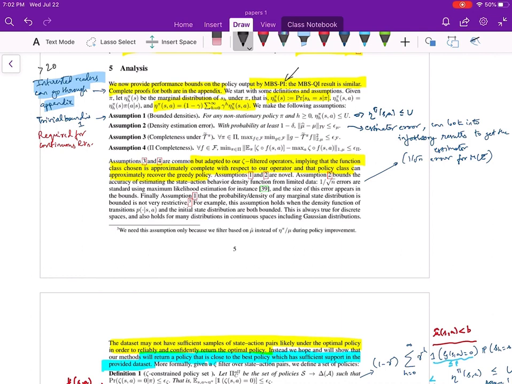So here they define a few terms. Eta parameter, it's the usual, okay, it's the marginal distribution of SH, okay. So yeah, probability space with the support of states given the policy pi, okay.